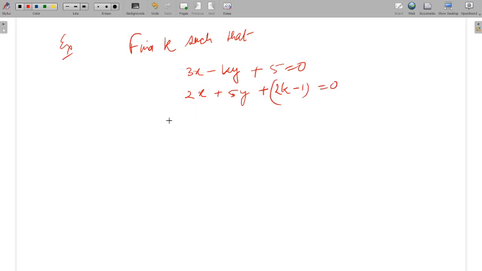Find the cases where this has, number 1, a unique solution, number 2, infinitely many solutions.